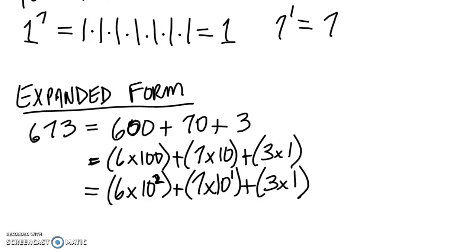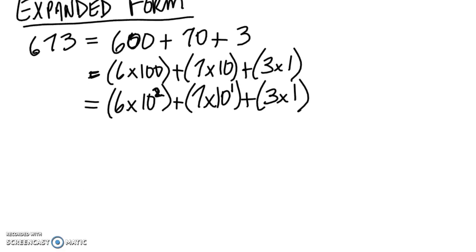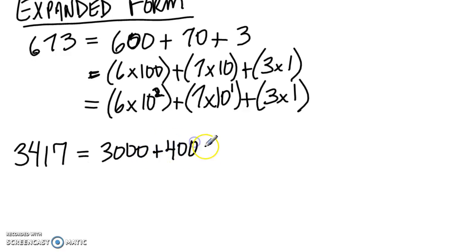Let's try, on my notes I had to go to the second page, but I'm just going to keep on rolling down here. Let's do 3,417. So 3,410, yeah, 10 plus 7.